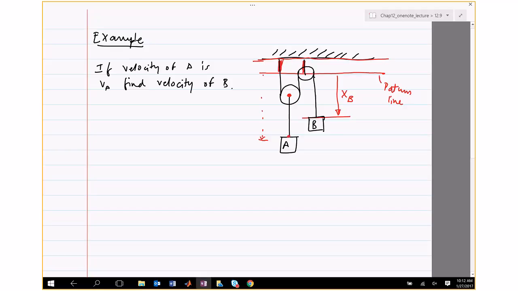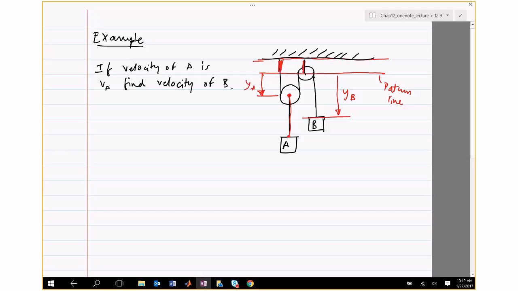It would be moving by the same amount because this string is inextensible. So instead of specifying all the way down, I'm just going to specify XA to be this. Actually, you know what? Let me put YB so that you don't get confused with the direction. So this is YB because I would like to stick with Y as downwards, and this is YA.